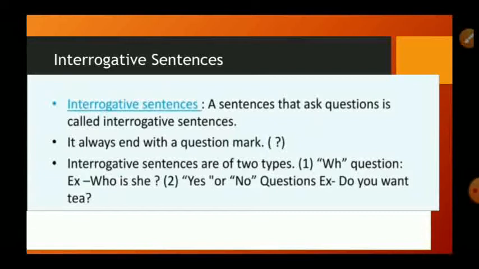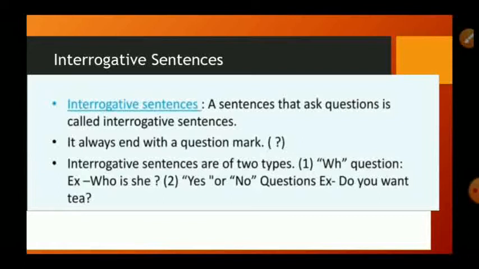Means we can form interrogative sentences in 2 forms. First is such kind of sentences which will be answered with yes or no, and second one is WH questions, sentences which will start with WH, and it always ends with a question mark. Any interrogative sentence must end with a question mark.